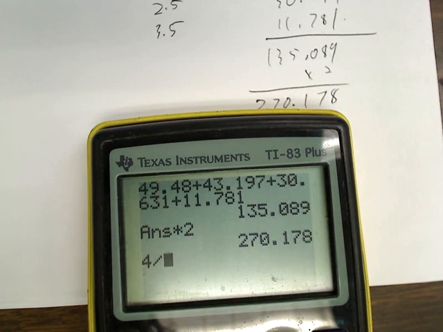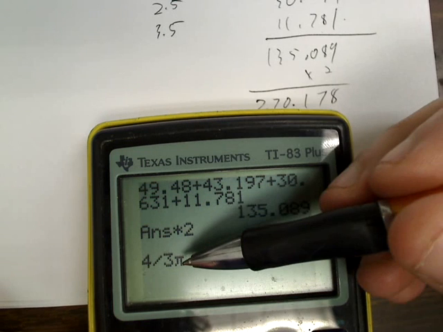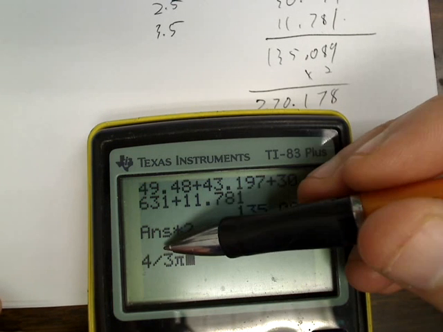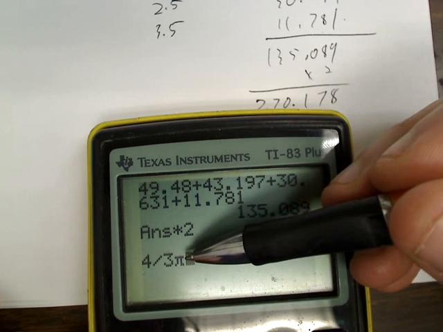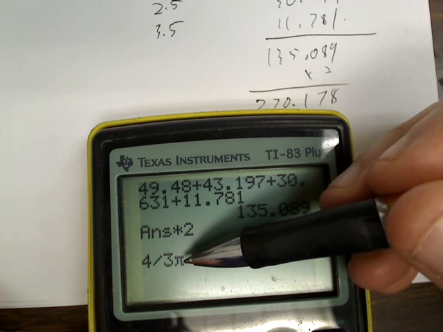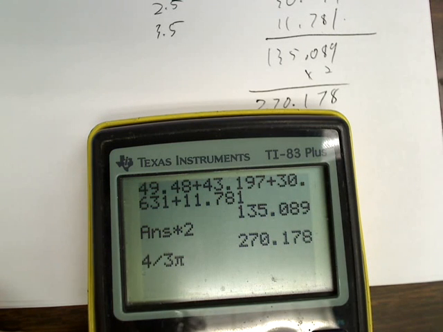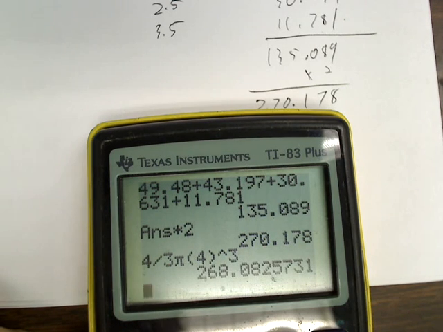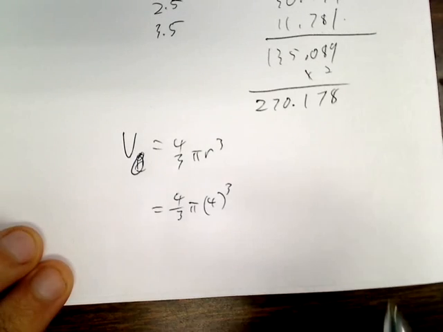So 4/3 pi. Okay, this will not divide by 3 pi. It will divide by 3, then multiply by pi. That pi is not in the denominator, even though it kind of looks like it there. So 4/3 pi r cubed. So 268.082.